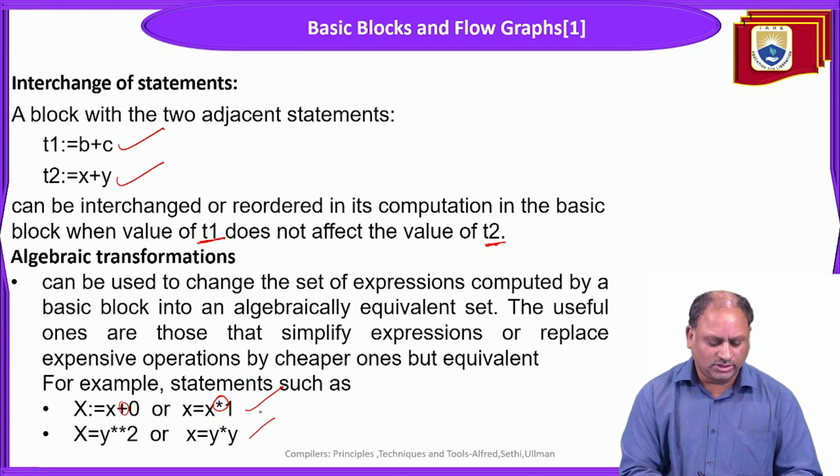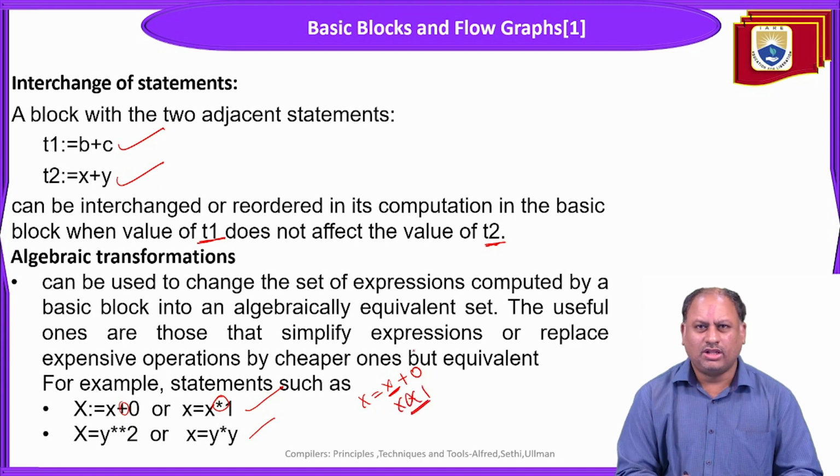So the result is x only, x equal to x. If you perform a plus operation with 0 or a star operation with 1, the result is the same, so we are going to avoid this operation. Why? Because it is algebraically equivalent.